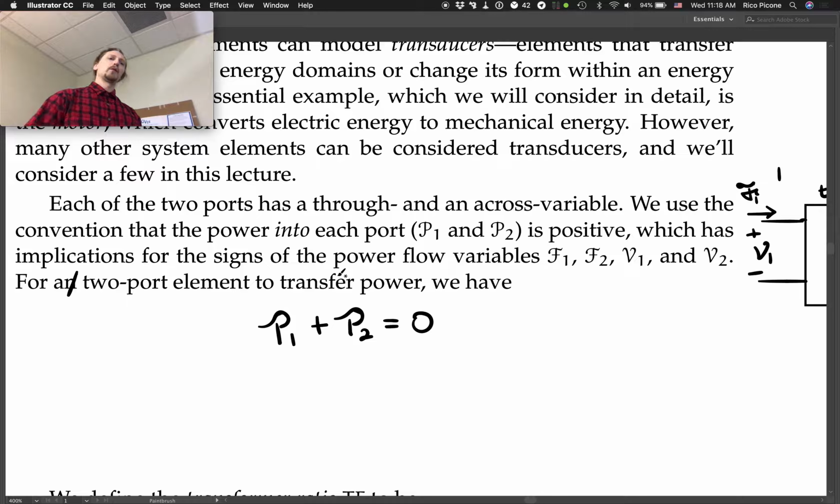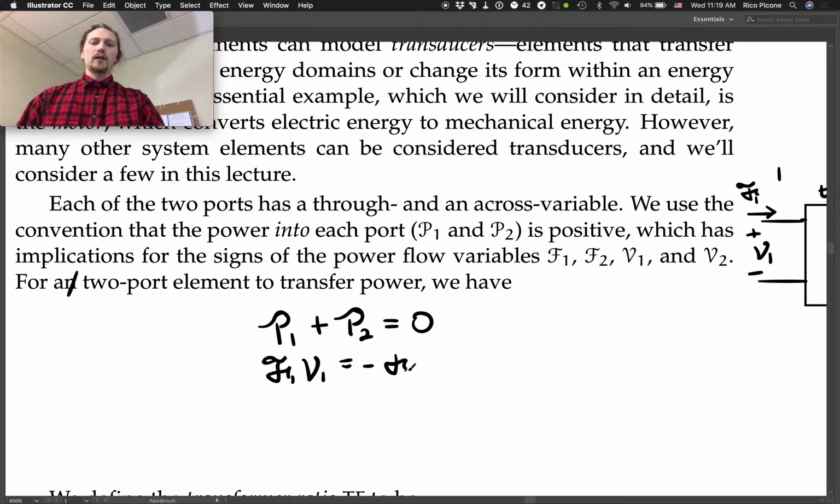So P1 is F1 V1, and P2 is F2 V2. Also moving the P2 over to the other side of the equation, we can say that F1 V1 equals negative F2 V2. Okay.